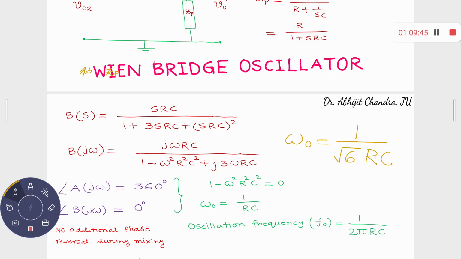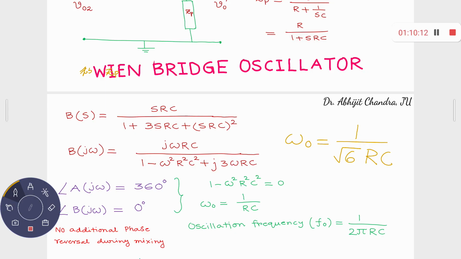So one option is that you go on increasing R and C. But that's not a good option, because if you increase the C value, then obviously it has some other effects as far as the frequency response is concerned. So with a given R and C, suppose you would like to increase the oscillation frequency. That's why you go for the oscillator known as the wine bridge oscillator.